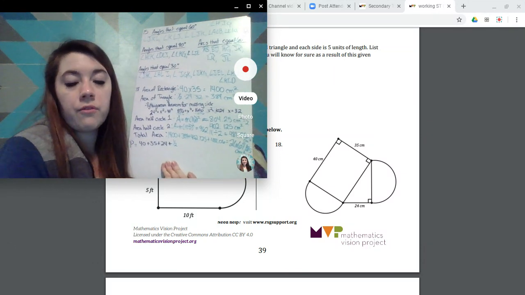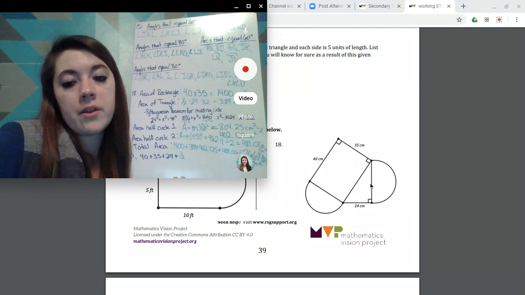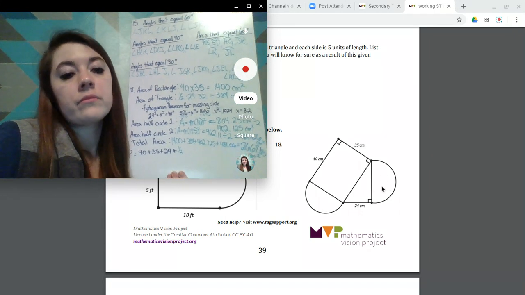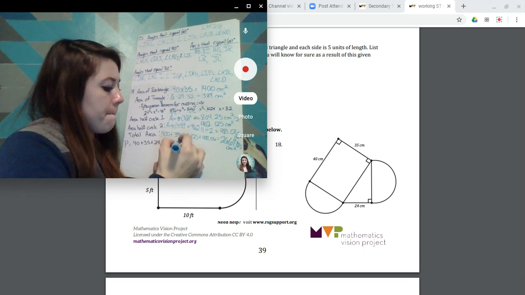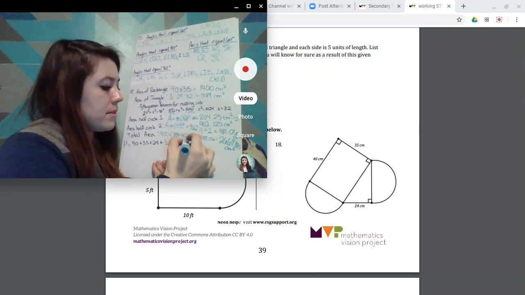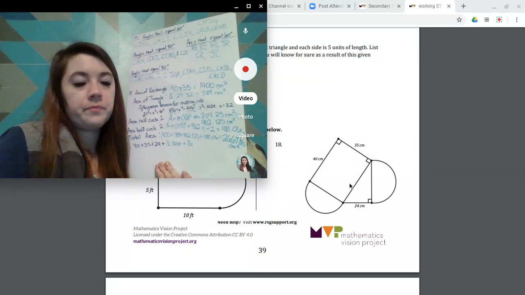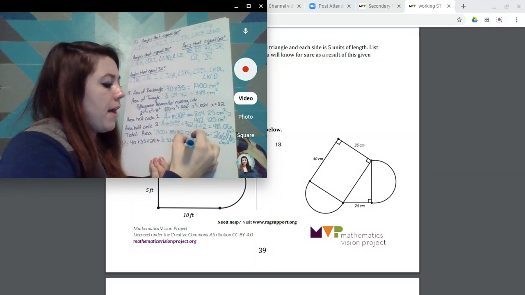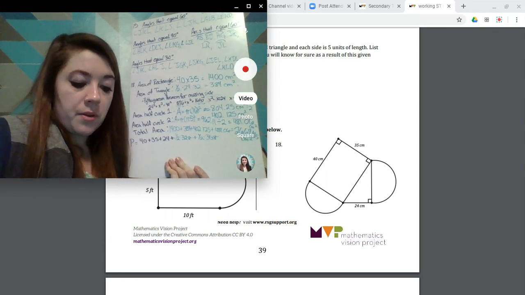So we're going to have 1/2 of, well, what's the diameter of this first circle over here that was next to the triangle? 32. So 1/2 times 32 pi plus 1/2 times, what was the diameter of our other circle? 35 pi. So now we find out what those are.